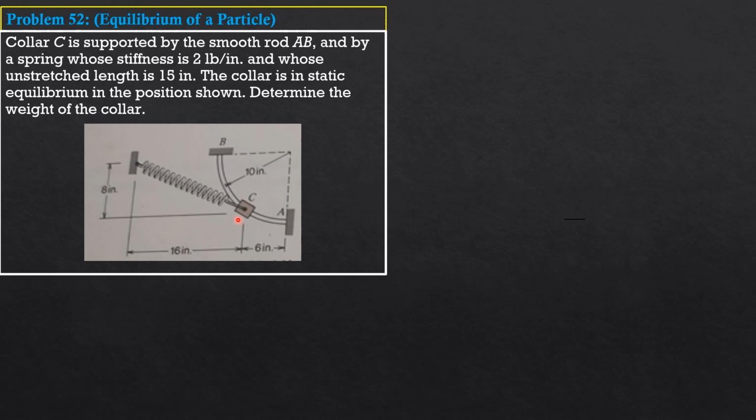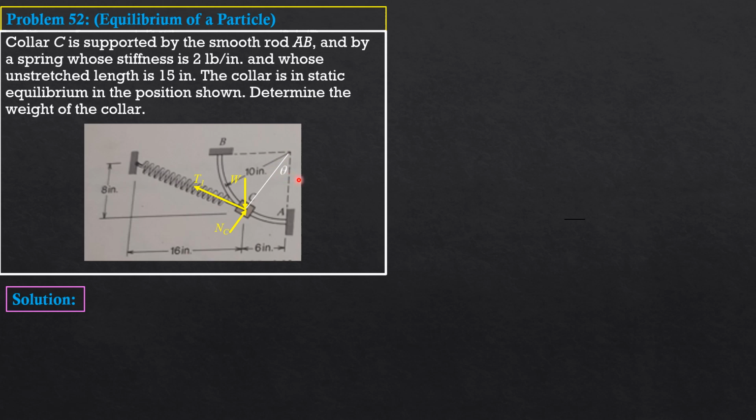So for the free body diagram, we have the weight of the collar, the force in the spring, and the normal reaction at C, which is perpendicular to the tangent to this quarter circular arc. So that's T1, stiffness 2 pounds per inch times delta S. That's the weight, the required, and the normal at C, which extended crosses the center there.